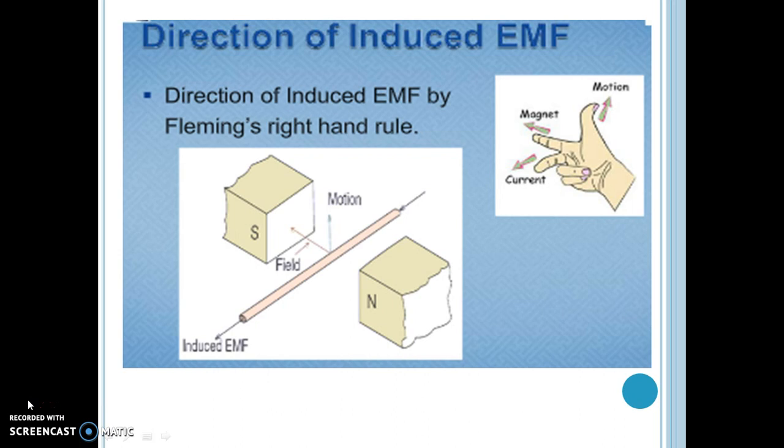So what does that right hand rule denote? If we extend our thumb, forefinger and middle finger, the forefinger shows the direction of the magnetic field, the thumb shows the direction of motion of the conductor, that is the direction of induced EMF, and the middle finger shows the direction of current.